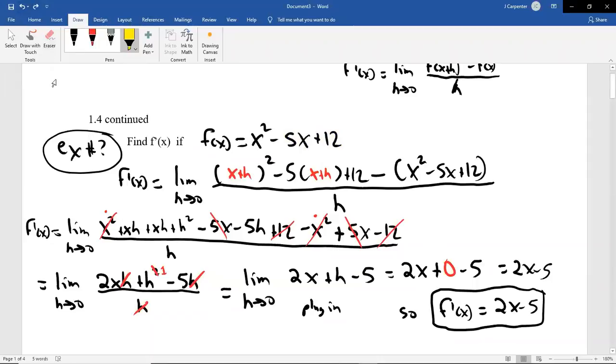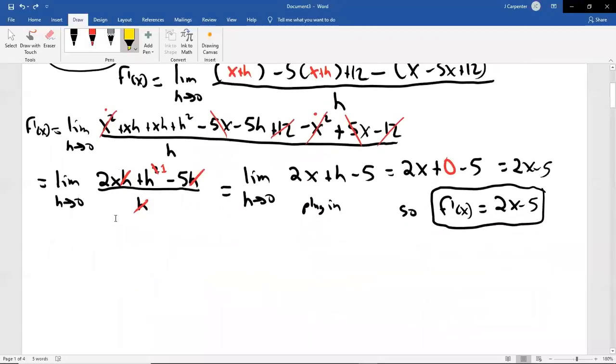So there is another notation for derivatives. Derivatives means differentiation. It means finding a rate of change, finding a slope of a function. All of these are the same thing. So the notation looks like this. This is the notation we had at first.